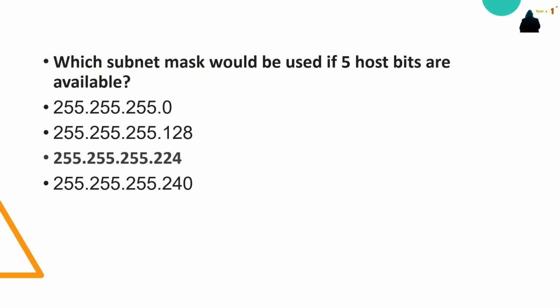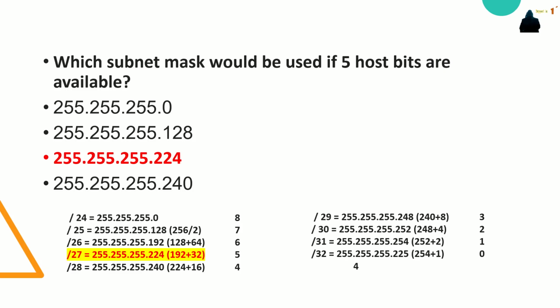Which subnet mask would be used if 5 host bits are available? How can we calculate it? For example, for /24, the subnet mask is 255.255.255.0. It means it has 8 zeros, or 8 host bits.